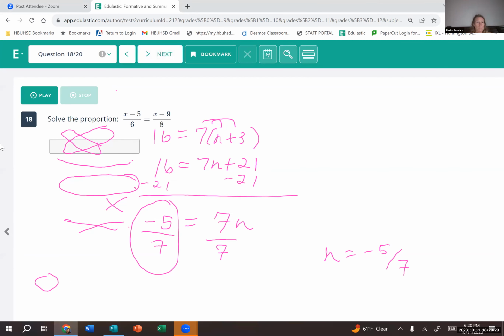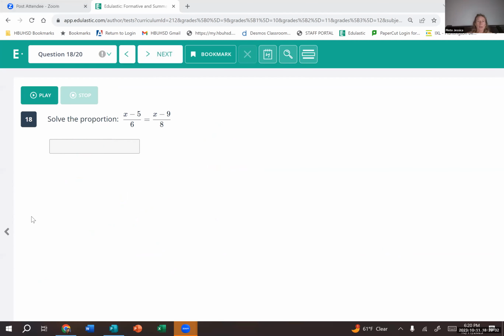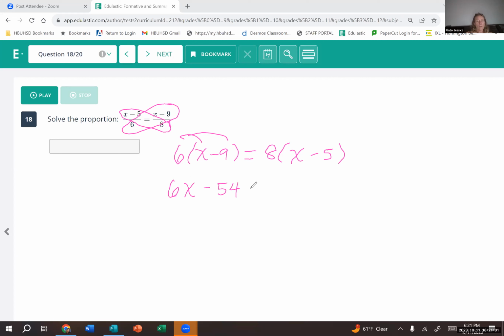All right, 18. Okay, this time we got to do it all on our own. So again, if I multiply 6 by 2, it's not 8. So we're going to have to do the whole thing. It's going to give me 6 times x minus 9 is equal to 8 times x minus 5. Okay, so that's going to give me 6x minus 54 is equal to 8x minus 40.